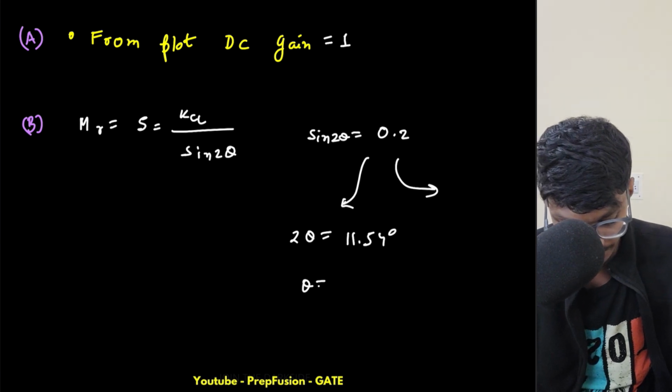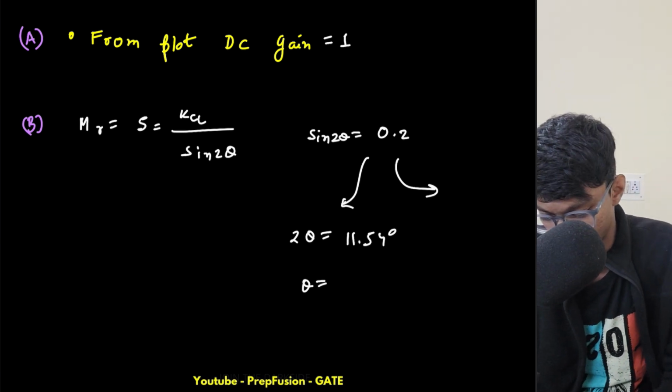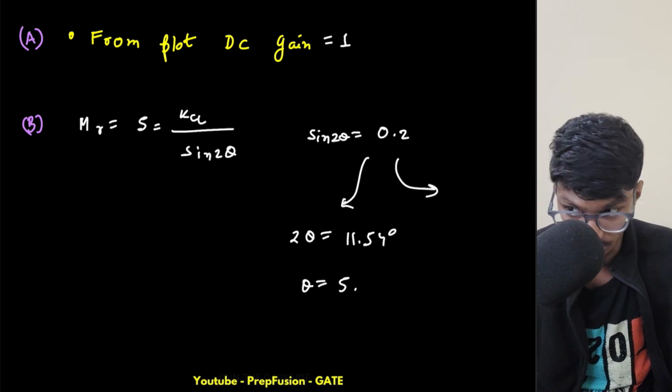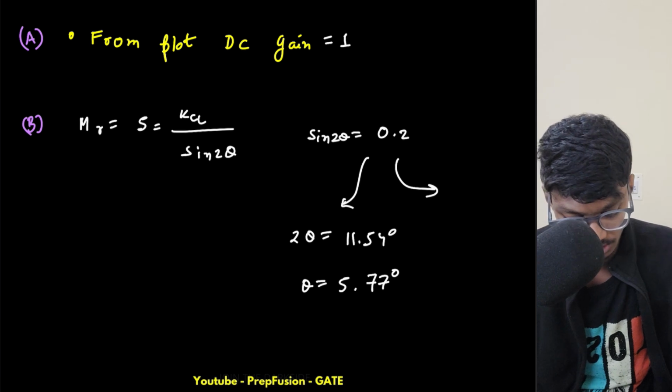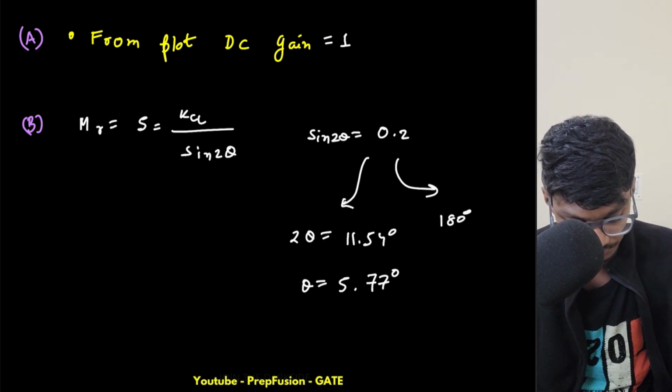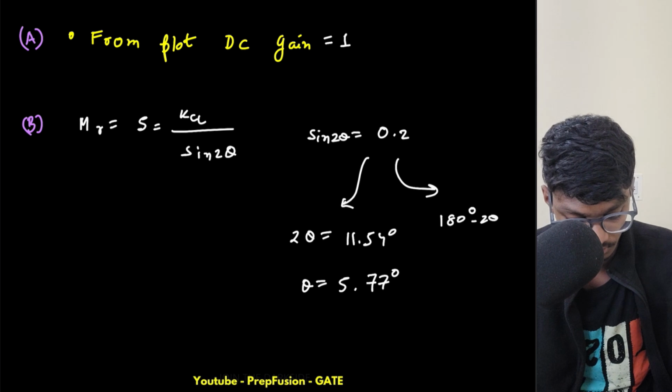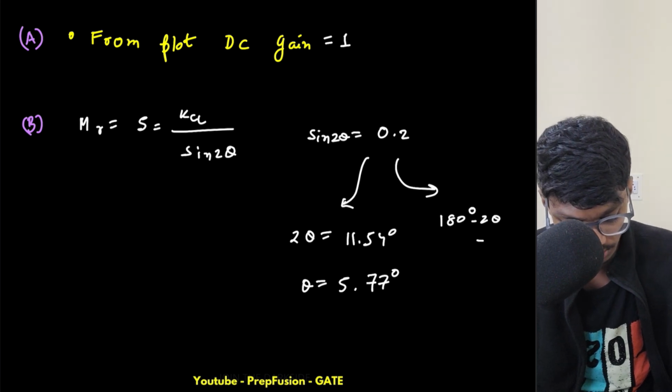11.54 degrees. Now if I divide this by 2, this is almost 5.77. And the other is 180 minus 2 theta, which should equal 11.54.